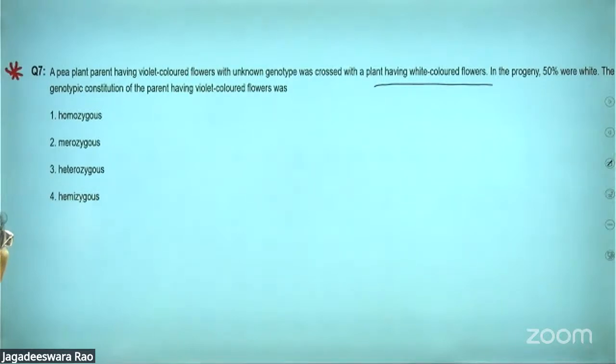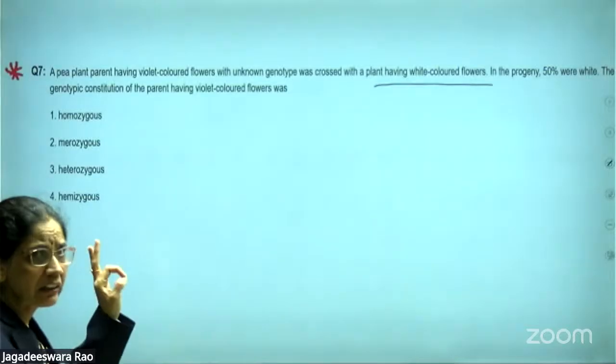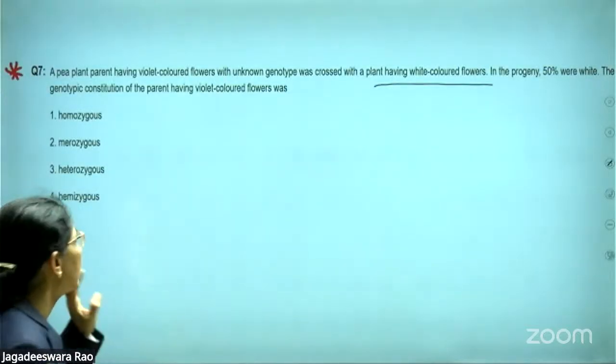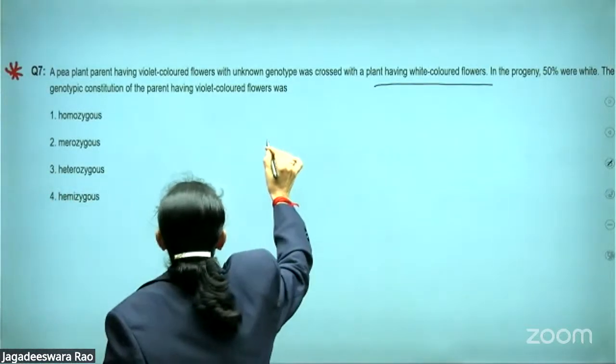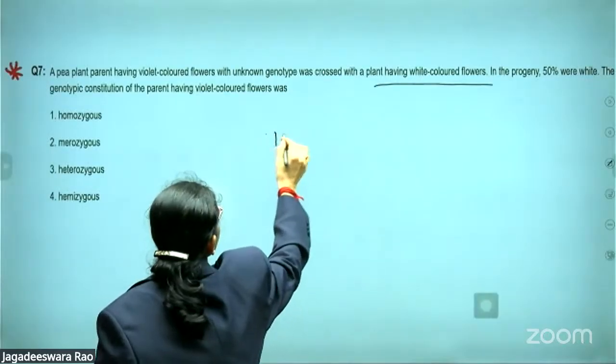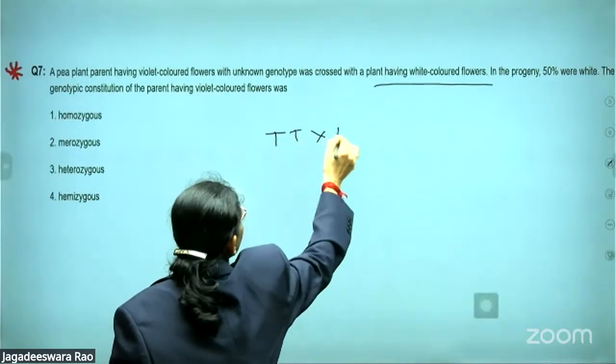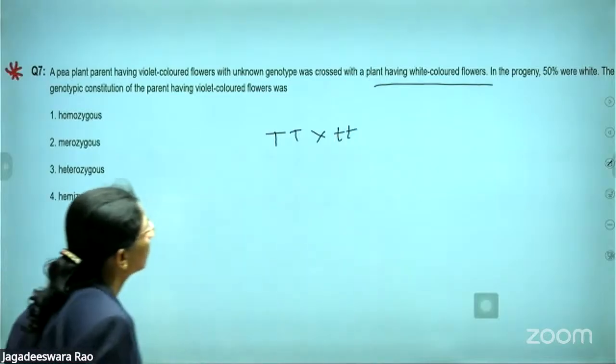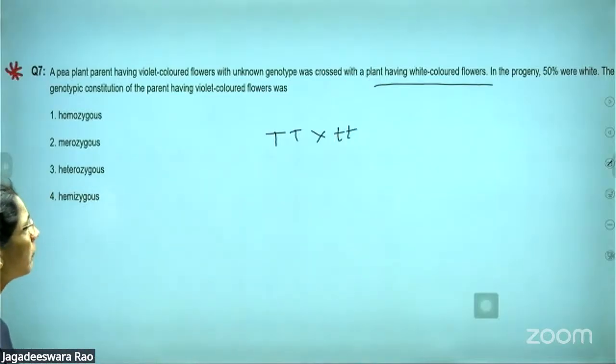See what is given here. You know already, violet color is dominant and white is recessive. If dominant is crossed with the recessive, you will get 50% white.